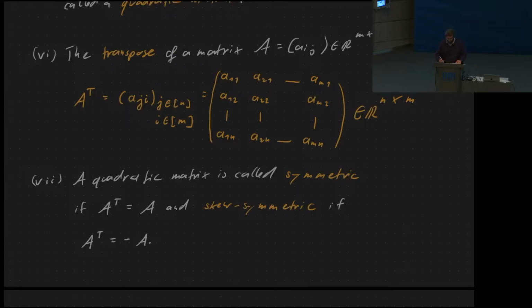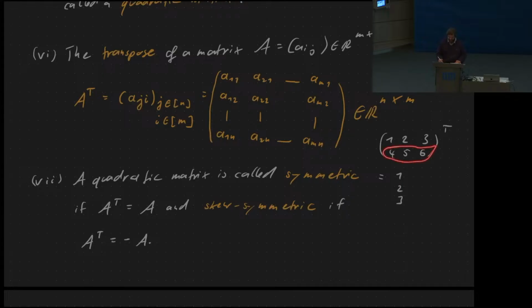So, quick example. Let's say I have 1, 2, 3, 4, 5, 6. That's a 2 by 3 matrix. And I want the transpose of that. Then I take the rows and write them as columns. So I take this 1, 2, 3 row, the first row, I write that as the first column of my new matrix.